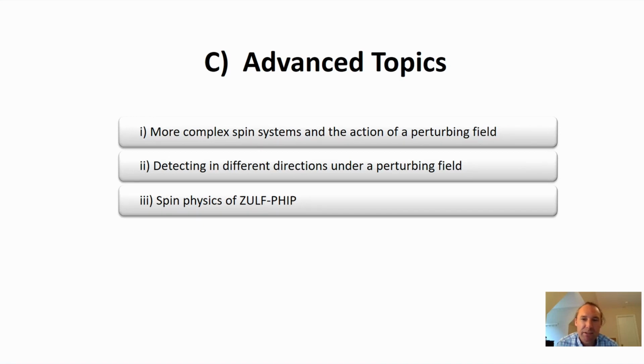As I said, Michael Taylor will give you much more detail. Then I want to talk about what happens if we detect in different directions under a perturbing field. Some really interesting effects happen to the zero field spectra there. And then finally, I want to go back into the math a little bit of how to analyze the spin physics of PHIP in zero field environments.